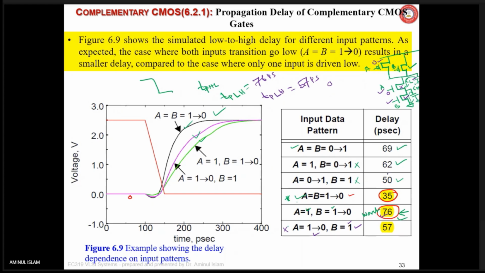I think all other points you can also understand this way, or should I take up another input pattern and explain? Yes. No, sir, understood. See, reading the slides or reading the book is not enough. You have to understand thoroughly.